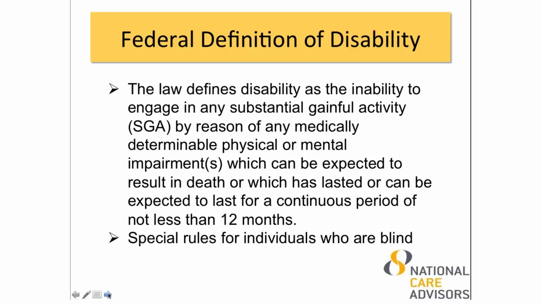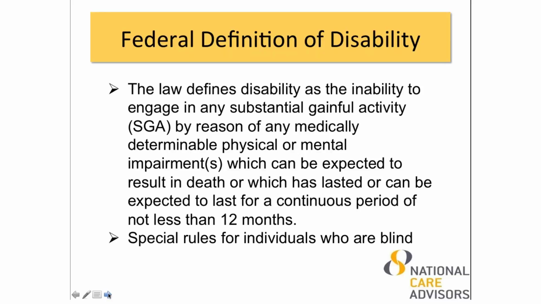There's a list at the Social Security Administration of what are called presumptive diagnoses for disability. It's quite a long list, and on that list are things that just make common sense.